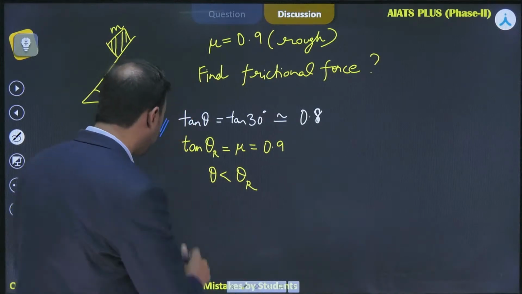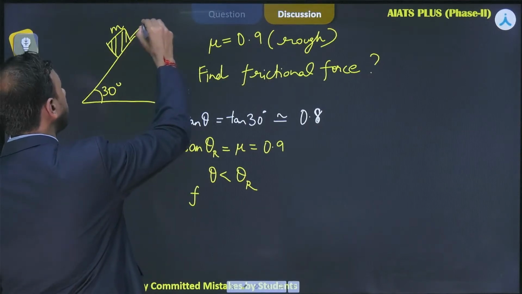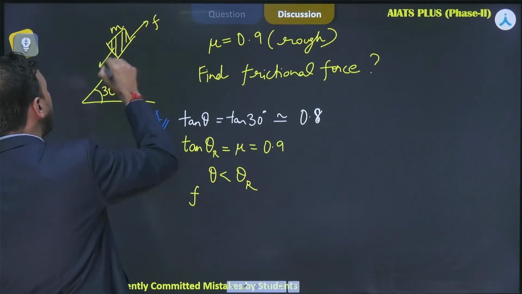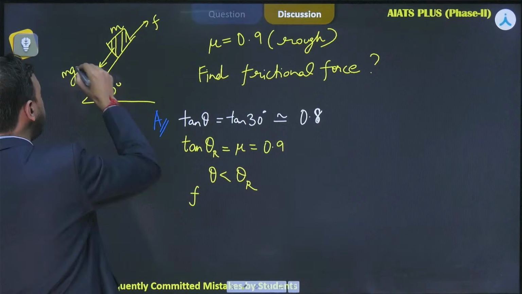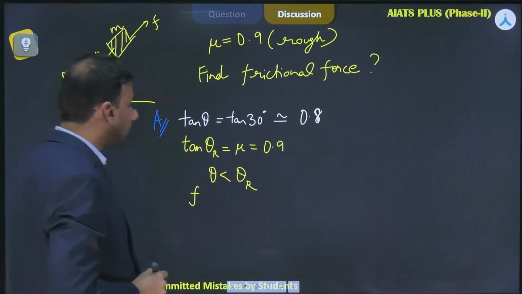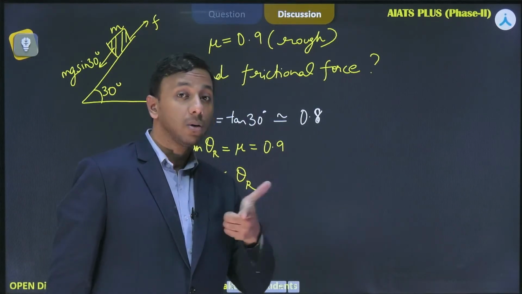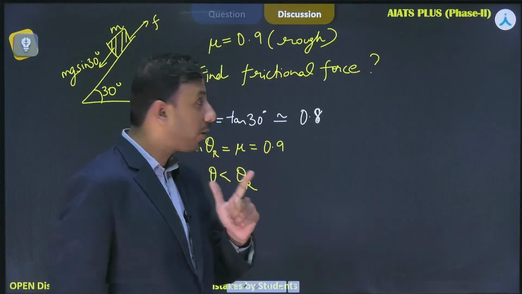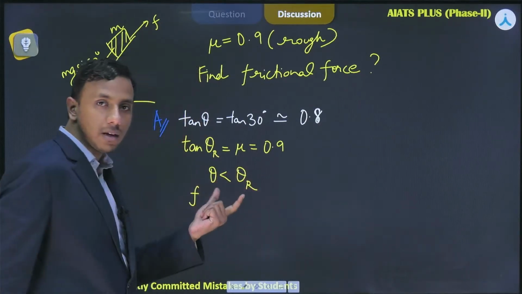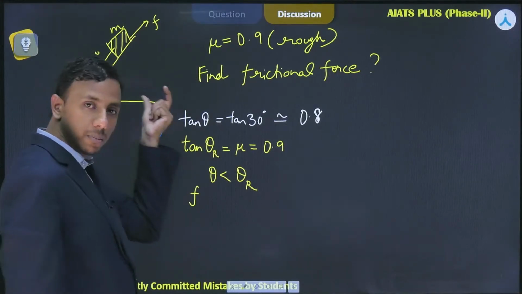And what would be the value of frictional force? Remember, this was the frictional force acting, and downward force was how much? mg sine theta or mg sine 30 degree. So would frictional force be equal to that maximum value mu mg cos theta? It won't be, right? Why? Because that value would be much higher, while this mg sine theta is much smaller.